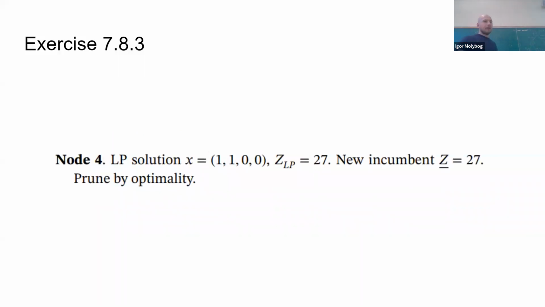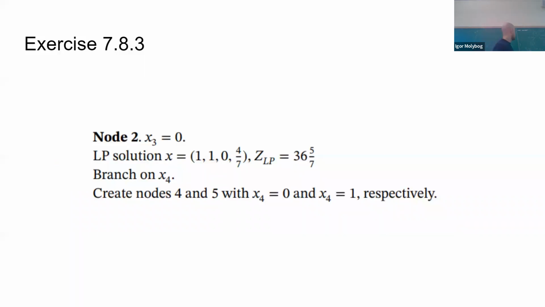The LP solution for node 4 is 1100, which is the first feasible solution that we encounter, and the corresponding ZLP is equal to 27. And by the way, the corresponding ZLP for node 2 was 36 and 5 over 7.